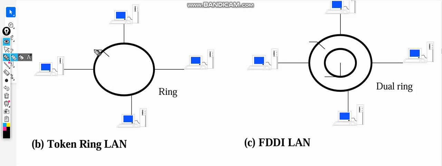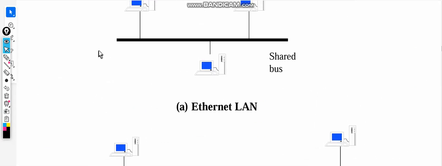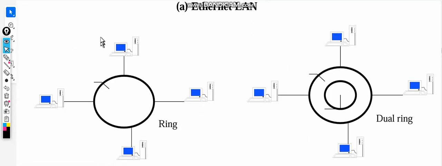There is an arrow mark also given here, so the flow is only in this direction. But the FDDI LAN is based on two rings flowing in the opposite direction.